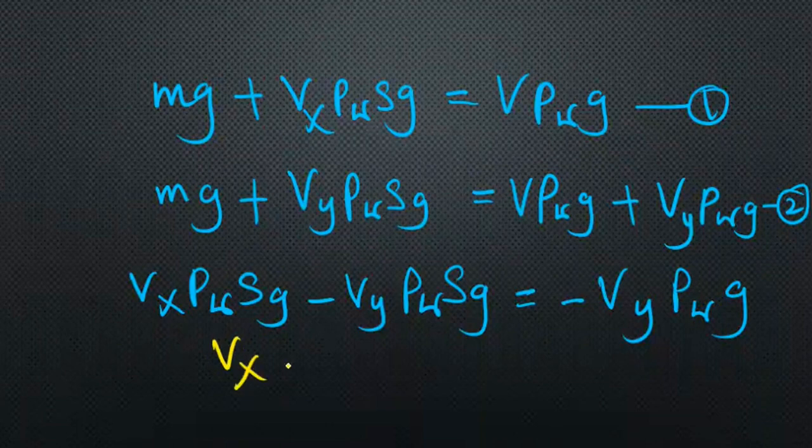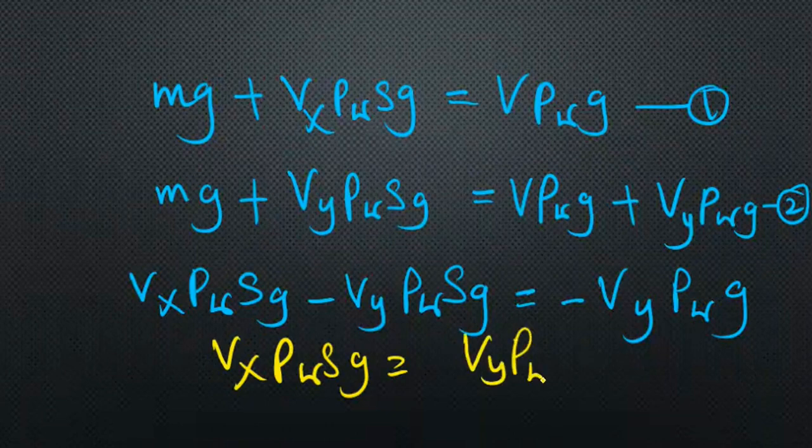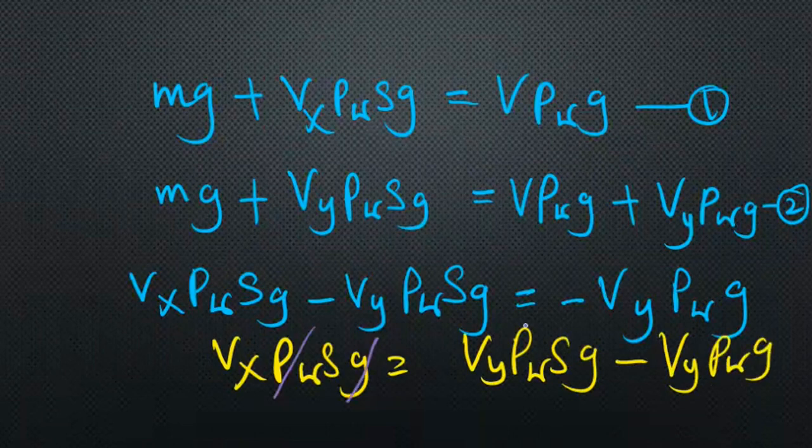Let's take all the Vy to the other side. So we get Vy rho W s g minus Vy rho W g likewise. Now you can see rho W g is common.